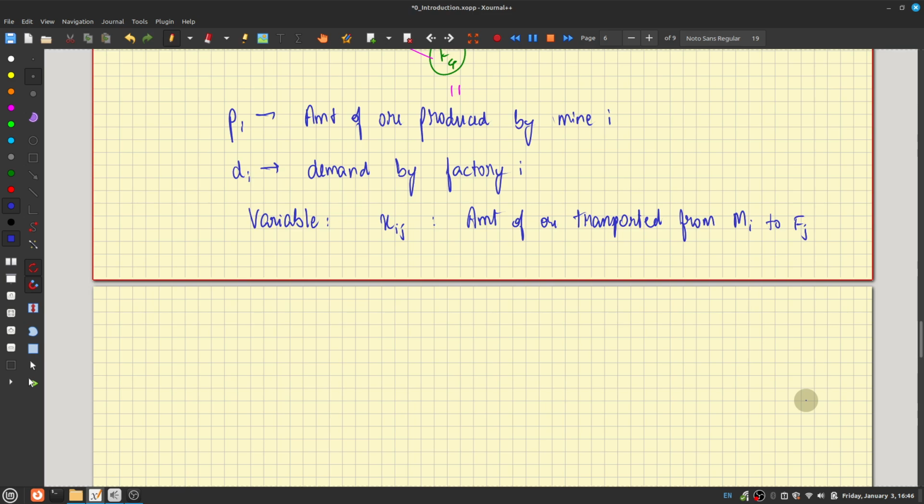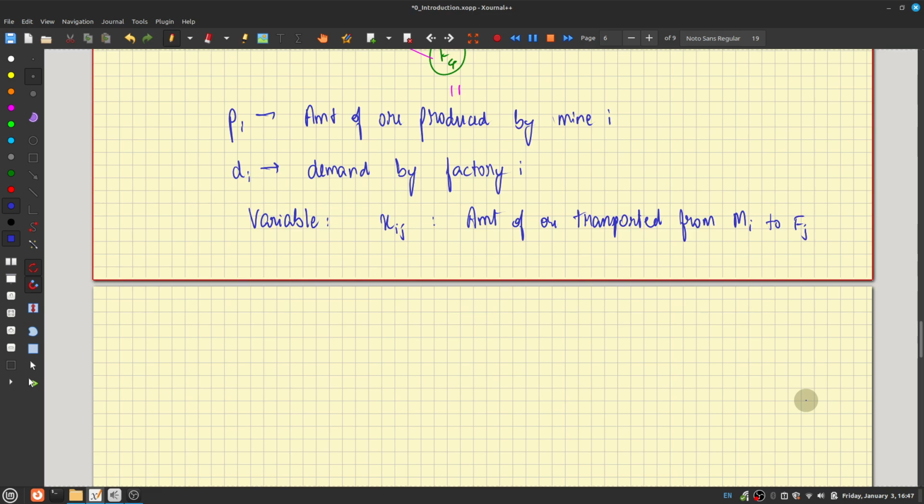What is the objective function? What do I want to minimize? Again, as I said, distance traveled could be one thing, but what I'm saying is that the cost increases with how much distance has to be traveled, but also in that distance, how much ore you have to transport.